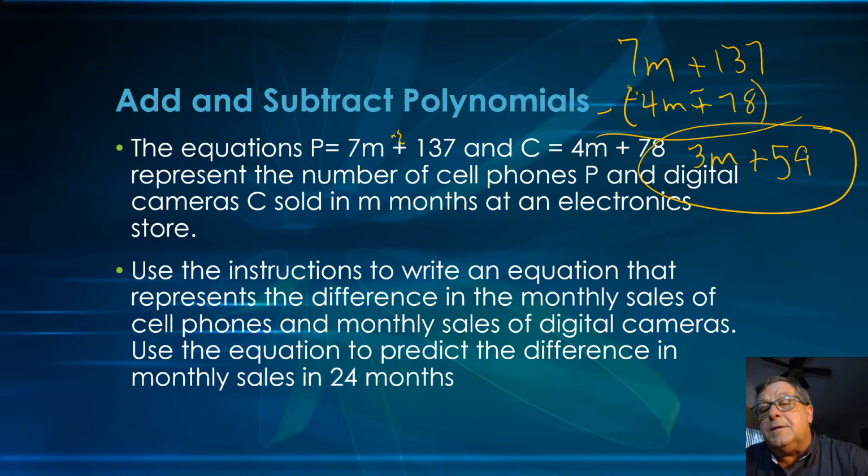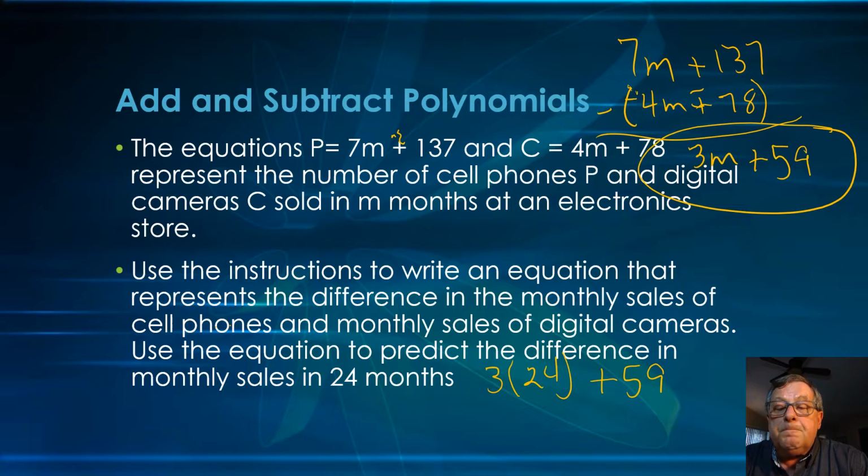we're going to substitute 24 in for m into this equation, 3m plus 59. So we've got 3 times 24, 24 months, 2 years, plus 59.